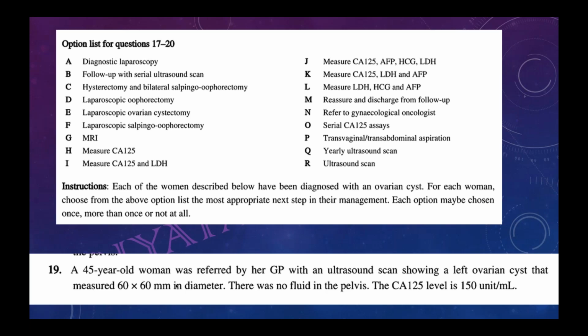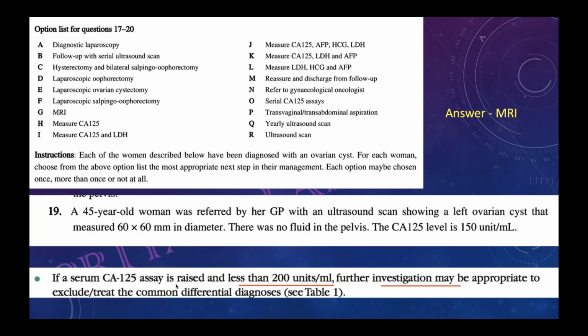So it is 6 centimeter simple cyst. CA 125, 150. What to be done? This is only yearly scan, ma'am. Yearly ultrasound.